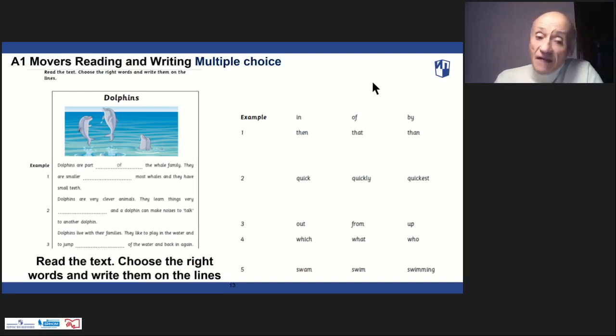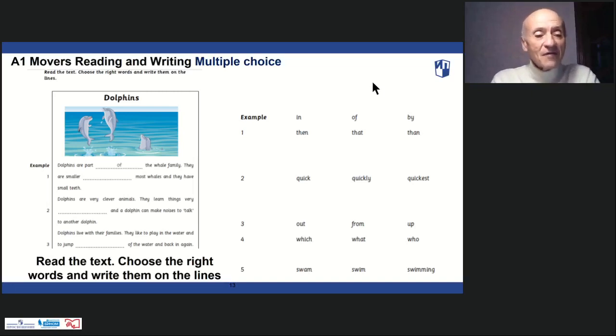Dolphins are very clever animals. They learn things very quickly. Another option, which is not given here, is very fast, but these are all adverbs.